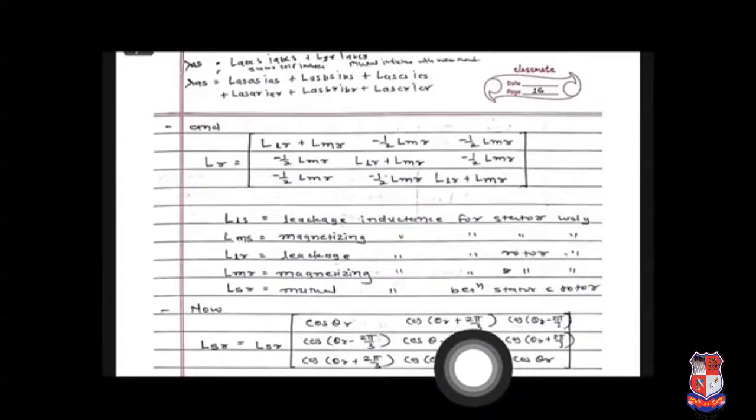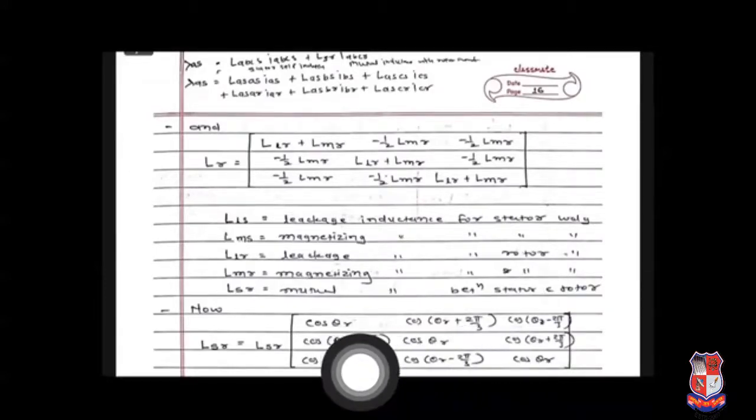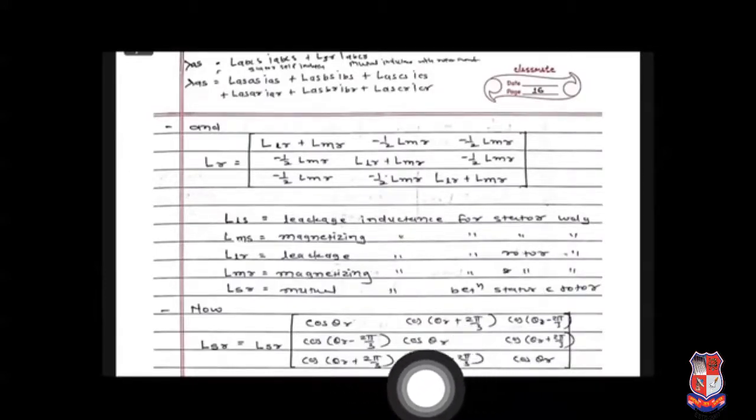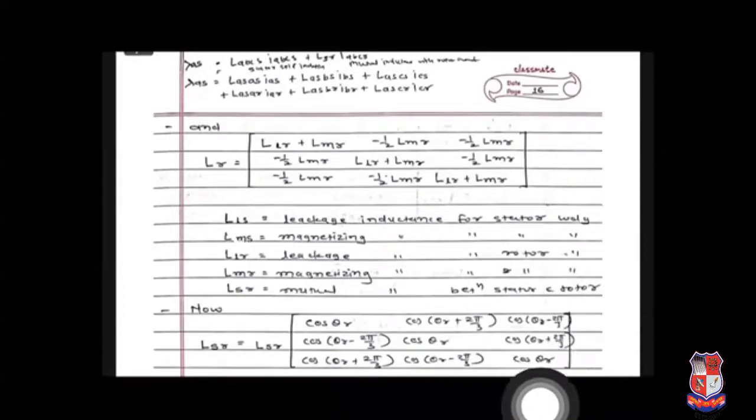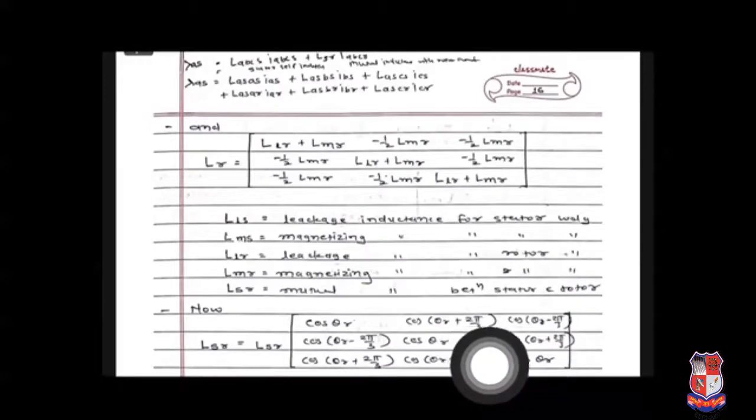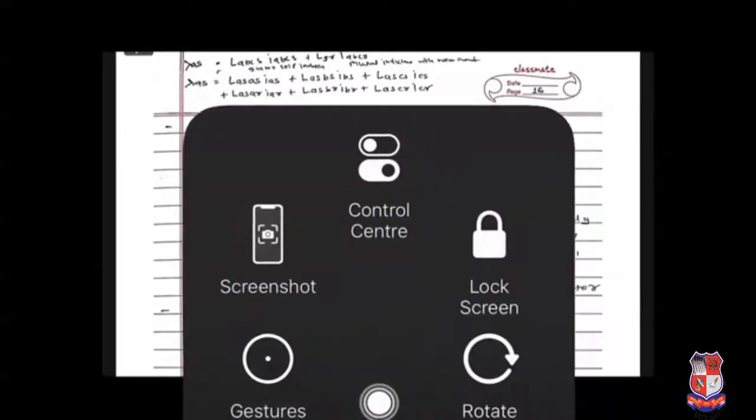So we can simply observe that the diagonal elements are cos theta r, and the next element after theta r is always plus 2 pi by 3, so theta r plus 2 pi by 3. After 2 pi by 3 it is the minus 2 pi by 3.